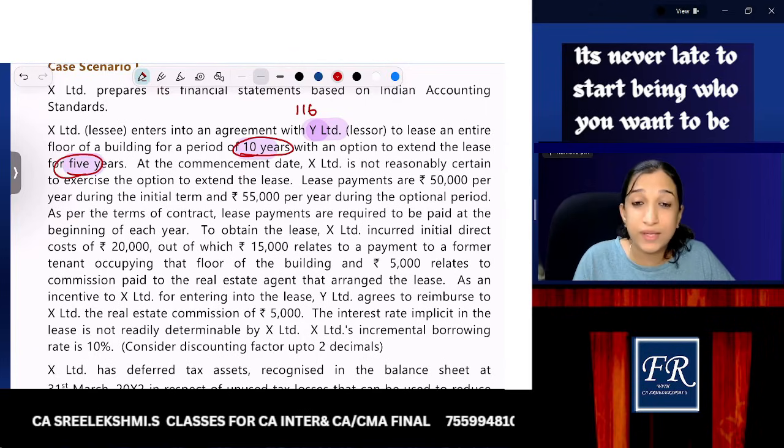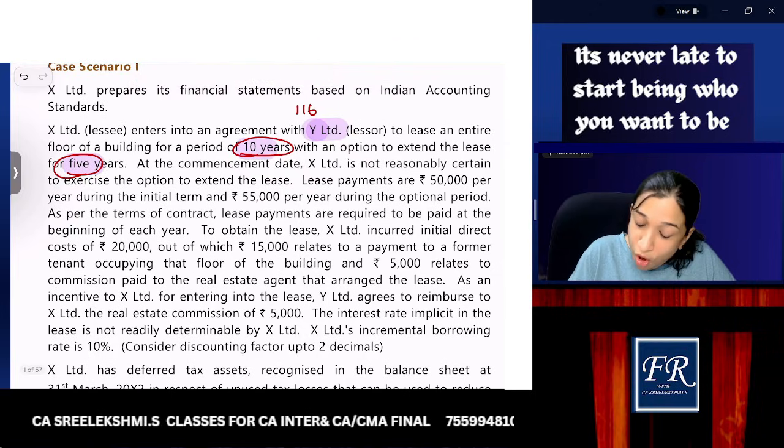As per Ind AS 116, lease period is the contract period or agreed period plus the renewal period if it is reasonably certain to exercise. At the commencement date, X Limited is not reasonably certain to exercise the option to extend the lease, which means the lease period is only 10 years.